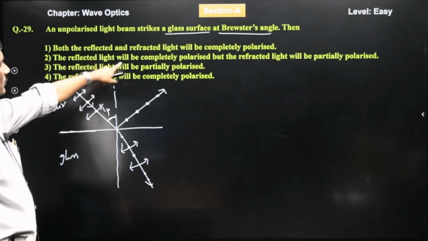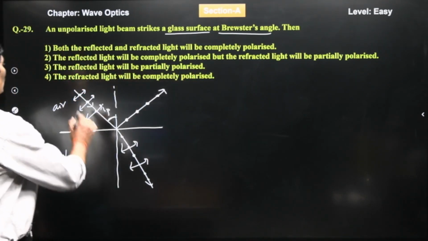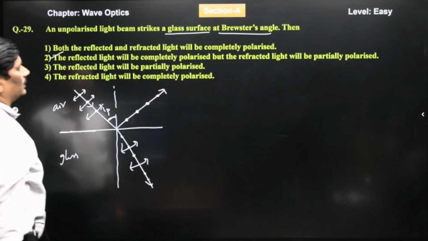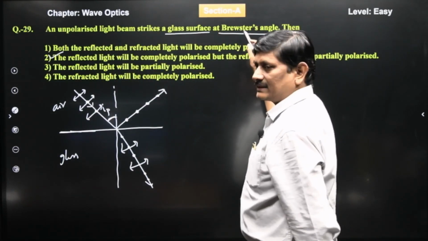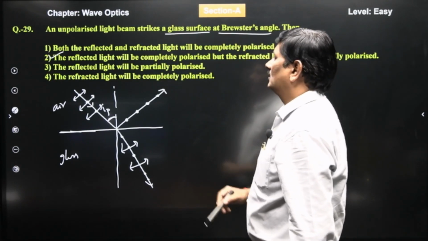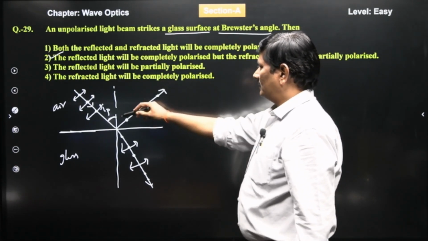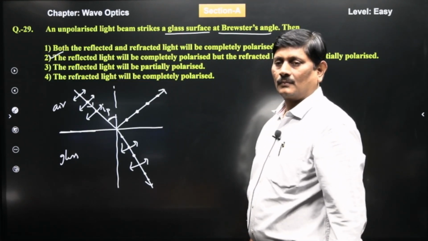The reflected light will be completely polarized, but the refracted light will be partially polarized, that is the correct one at Brewster's angle. At angles other than Brewster's angle, both reflected and refracted light are partially polarized.